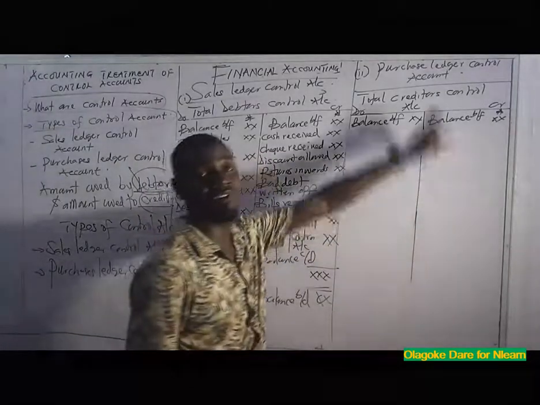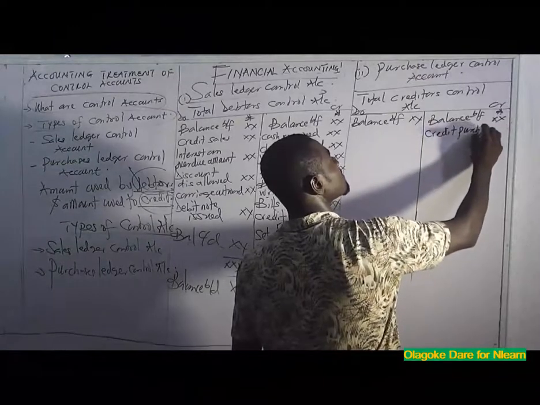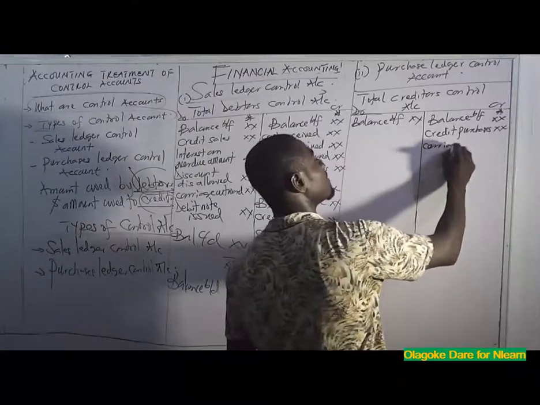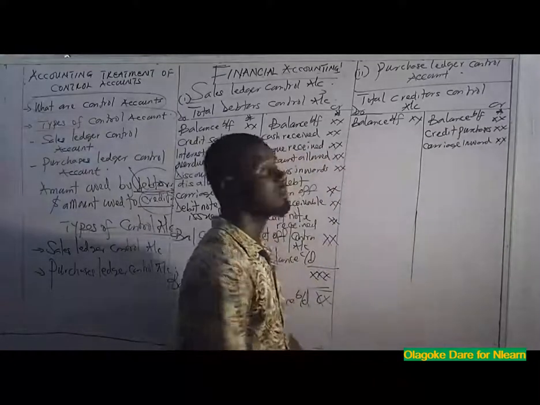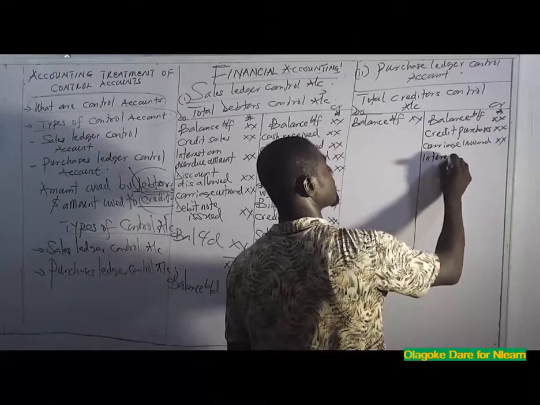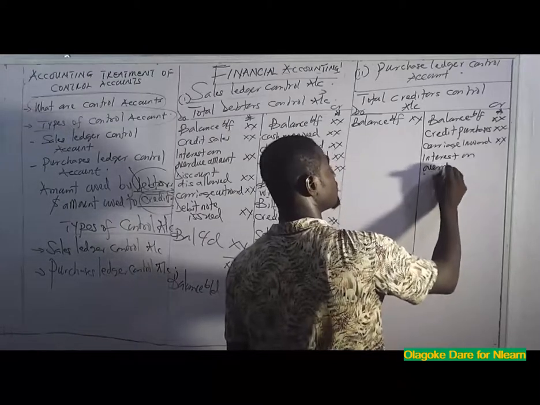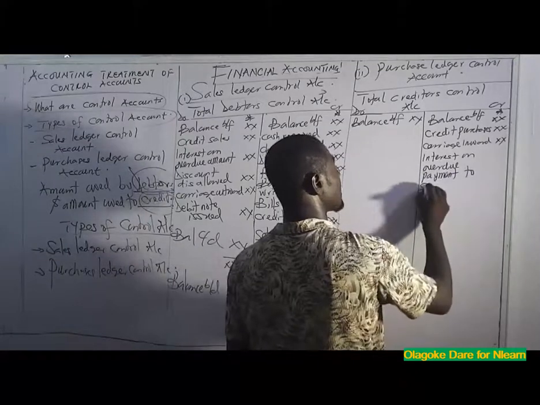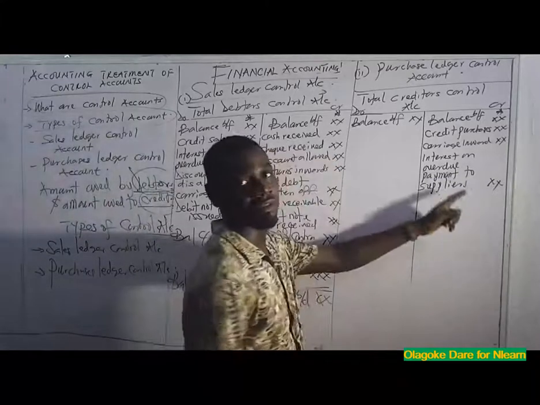Okay, so anything here will increase the debt, such as credit purchases, carriage inward, and interest on overdue payments to suppliers. It will increase the amount.